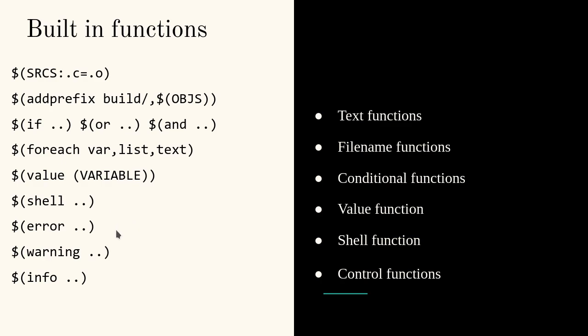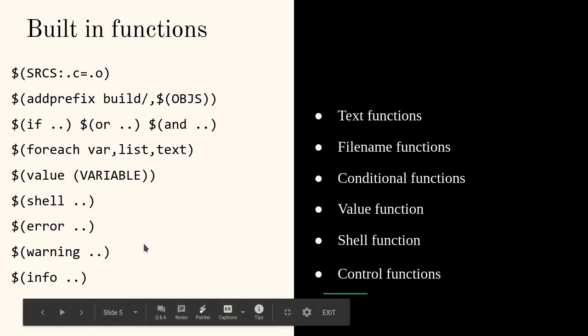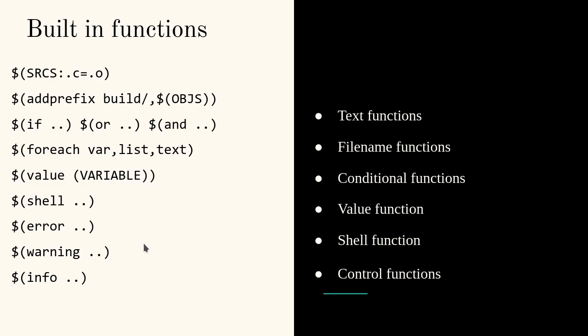And then the last three built-in functions are pretty important. If for whatever reason you come to a condition in your build system where you need to stop building, there's an error function. You literally call error and pass it a string, and then Make will say error and whatever you tell it to print.